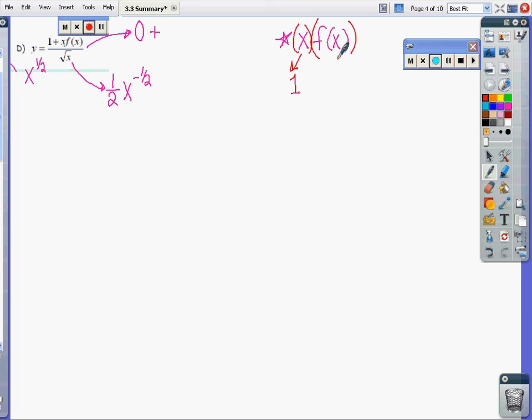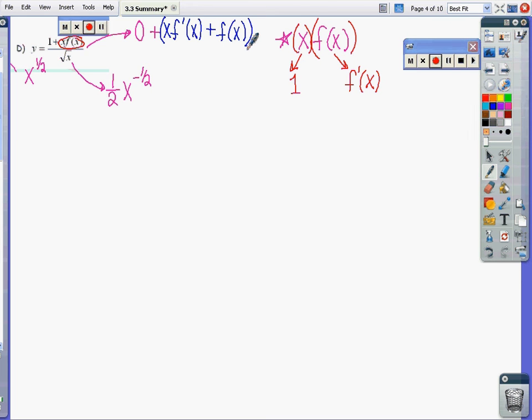So the derivative of the second term here, x f of x, would be, leave the first one alone, derivative of the second, plus, leave the second one alone, times the derivative of the first, which is 1. So I'm actually not going to write it. That is the derivative of the numerator, the entire top. The 0 we don't have to worry about.